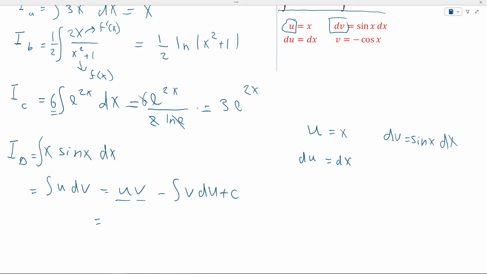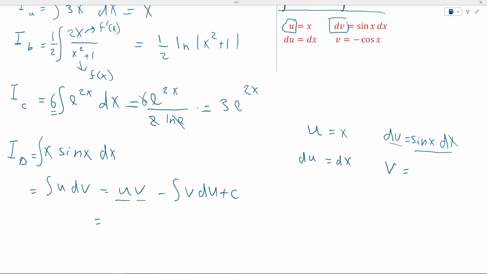Because here I want to get my du, you take the derivative of both sides, and here I want to find v, so I integrate both sides.